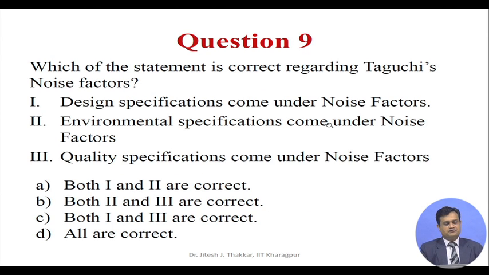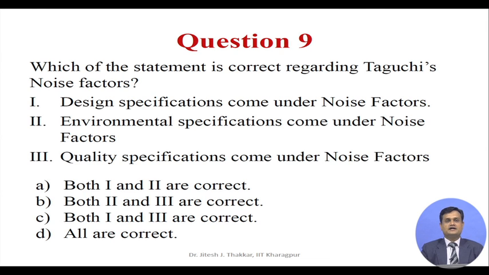Question 9. Which of the statements is correct regarding Taguchi's noise factor? 1. Design specification come under noise factors. Second, environmental specification come under noise factors, and third, quality specification come under noise factors. You have 4 options A, B, C and D. Both 1 and 2 are correct. Both 2 and 3 are correct.